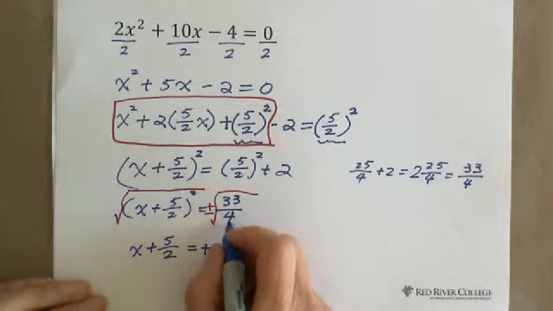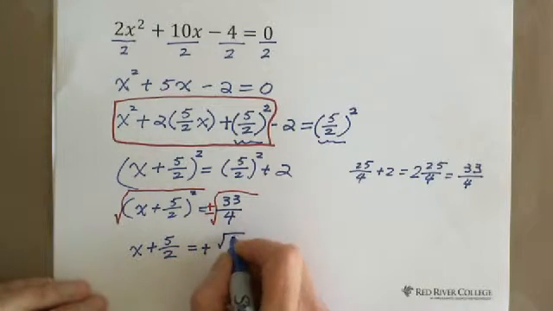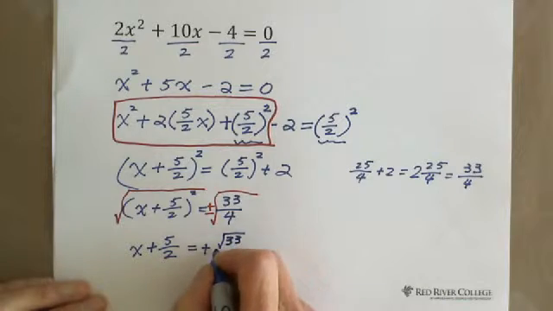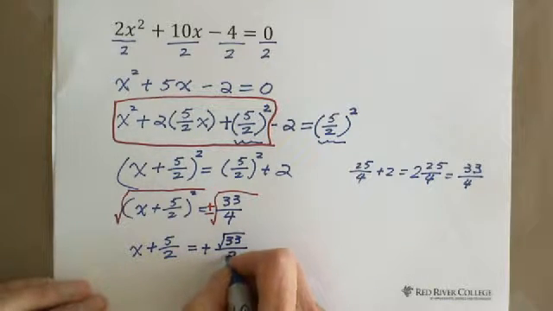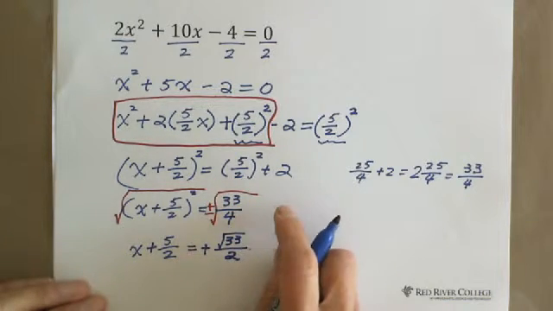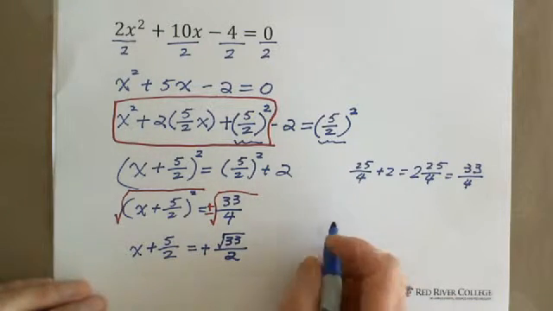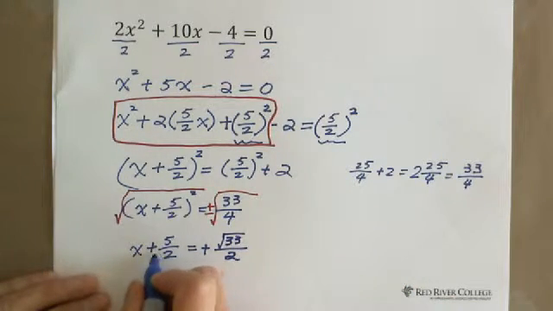The 4 can come out of the radical as 2, because 33 is nothing we can simplify, so we have square root of 33 over 2. Then we move 5 over 2 to the other side.